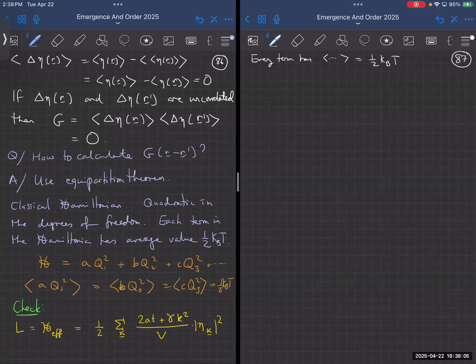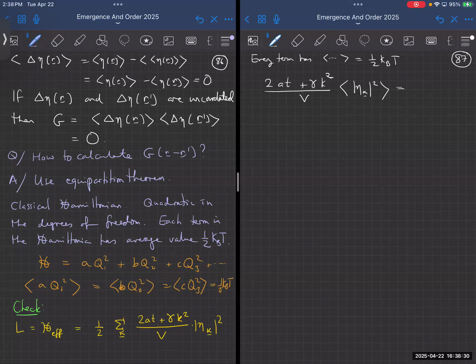So what that means is if I put an average around each of these terms, each term is of the form (2at plus gamma k squared) over v times eta k squared.